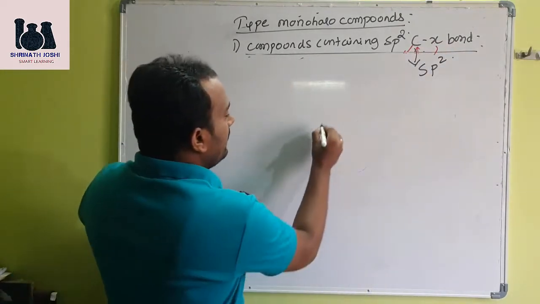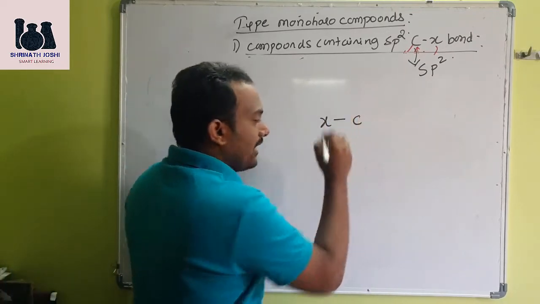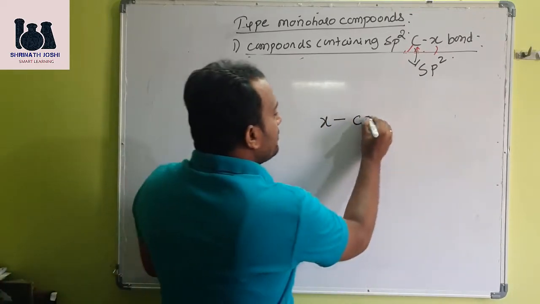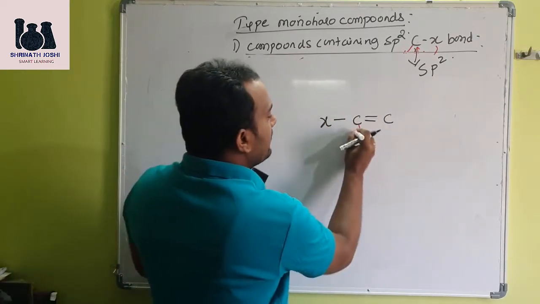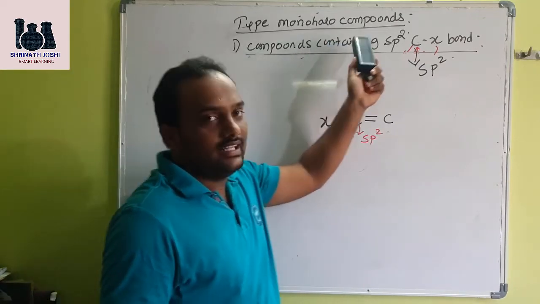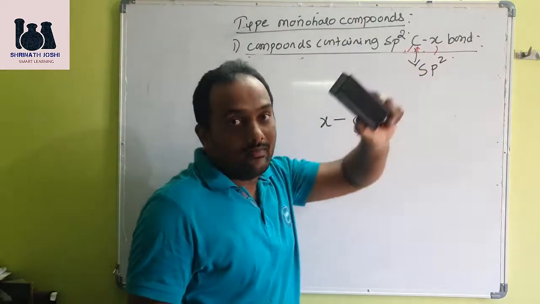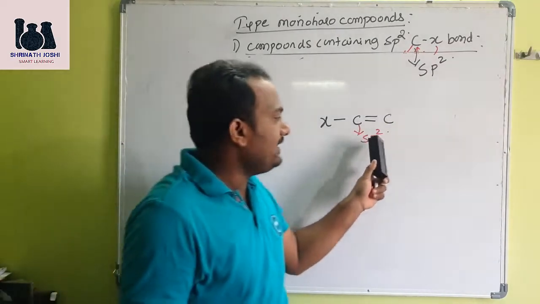For example, I have a halogen X. Imagine this halogen is bonded to a carbon, and that carbon is doubly bonded to another atom. Then we call that carbon sp2, and the whole classification compounds containing an sp2 C-X bond. Make sure, if it is doubly bonded, then only it is sp2. If it is singly bonded, it is sp3.